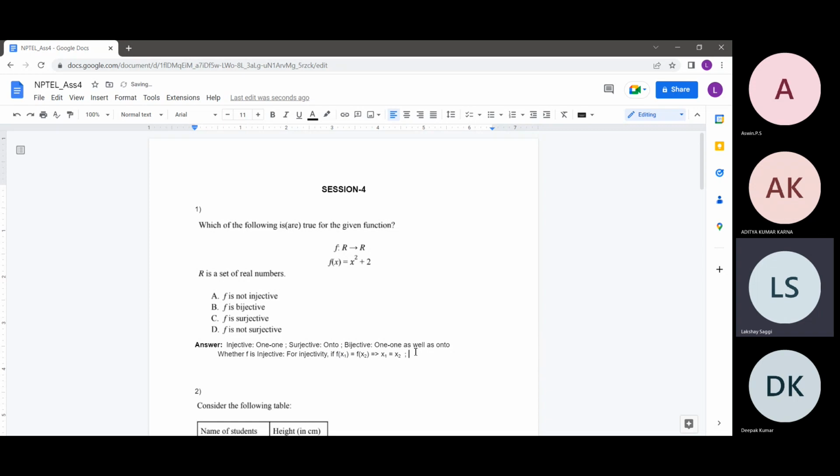And for surjectivity, it's straightforward. You guys may already know what the range of a function is.